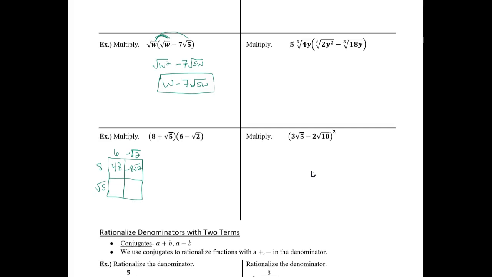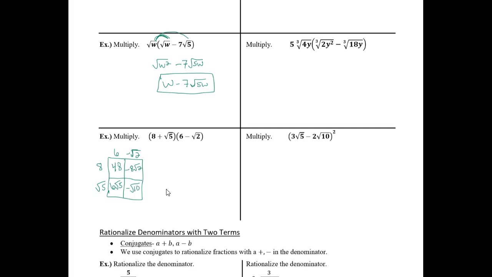Now we have 6 times the square root of 5. Same idea. The 6 is not under the radical, the 5 is. So all we can do is say 6 times the square root of 5. Lastly, we have square root of 5 times a negative square root of 2. So a positive times a negative is going to end up negative. And then they are both under the radical, so 5 times 2 is 10.